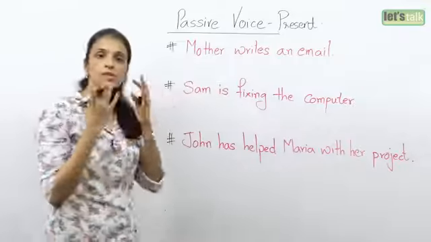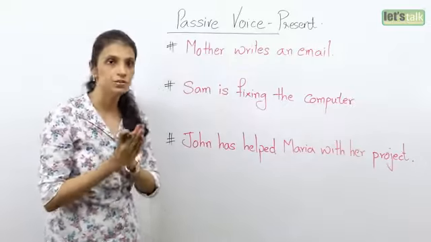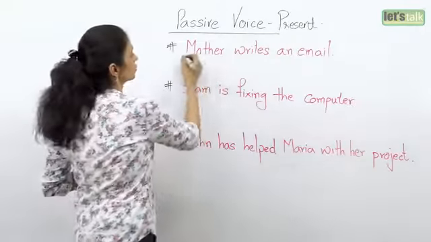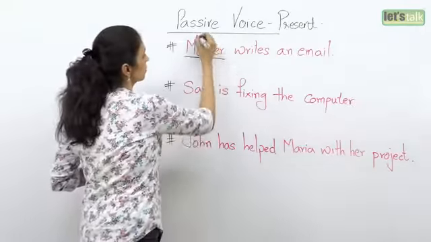So mother, now who is doing the action? Mother. We're talking about mother. So mother becomes the subject. What is she doing? What's her action? Writing. So she writes. So here is the verb, writes. Now what does she write? She writes an email. So this becomes your object.